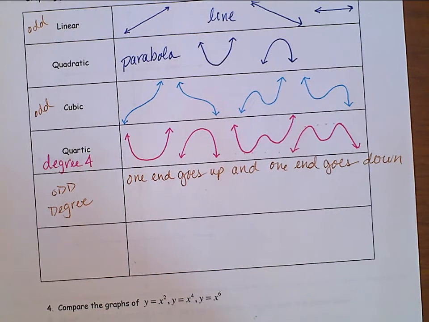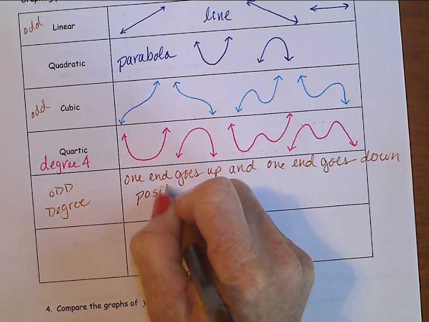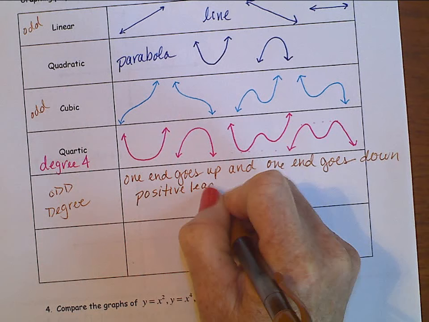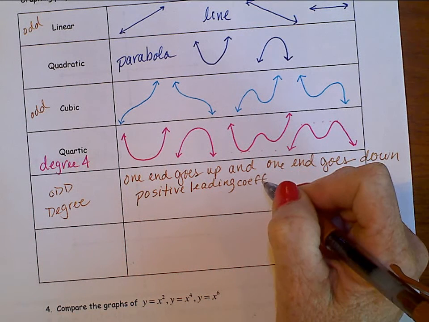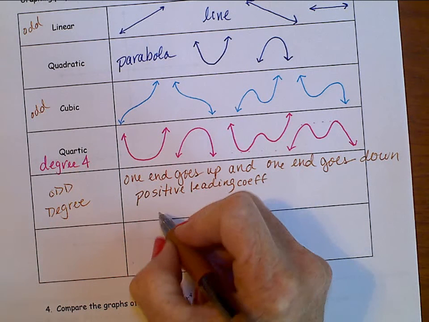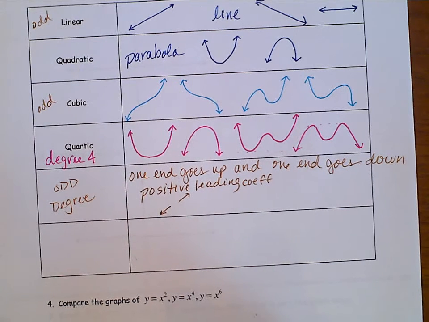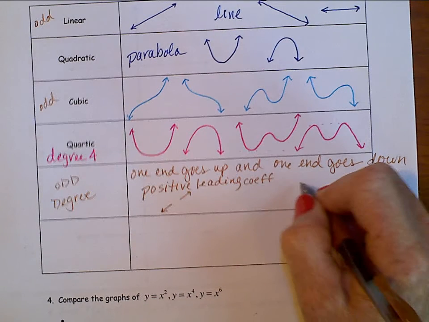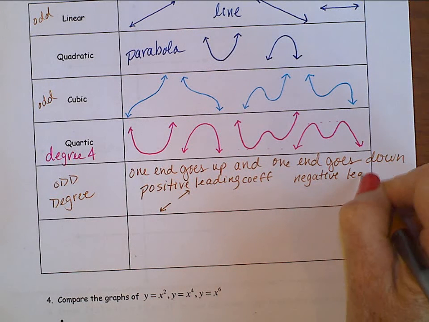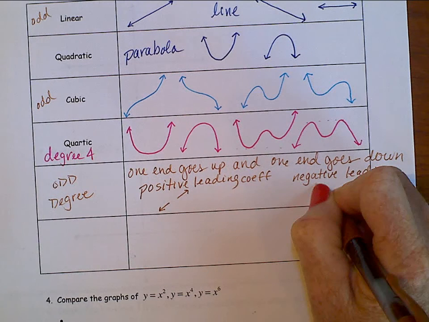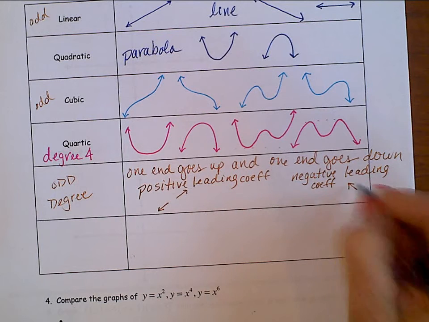If we have a positive leading coefficient, the left side's going down and the right side's going up. And if we're the other way with a negative leading coefficient, then the left side's going up and the right side's going down.